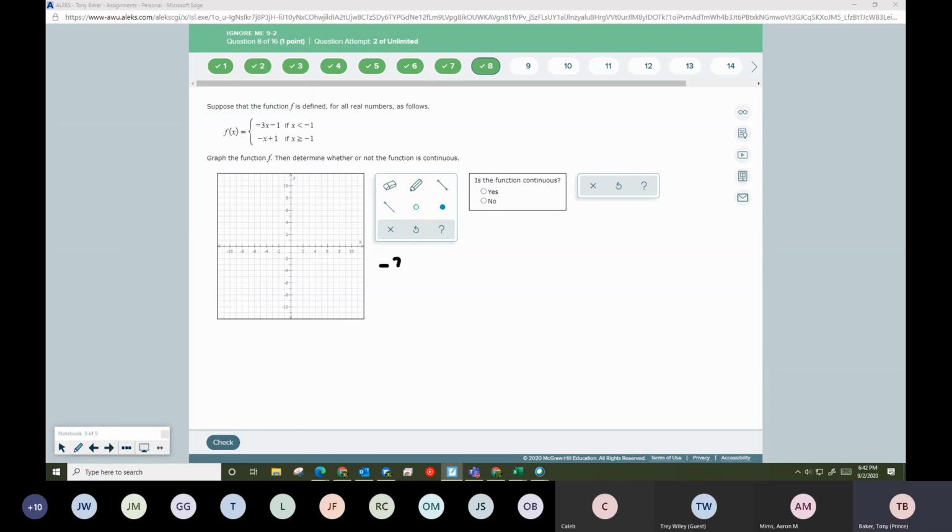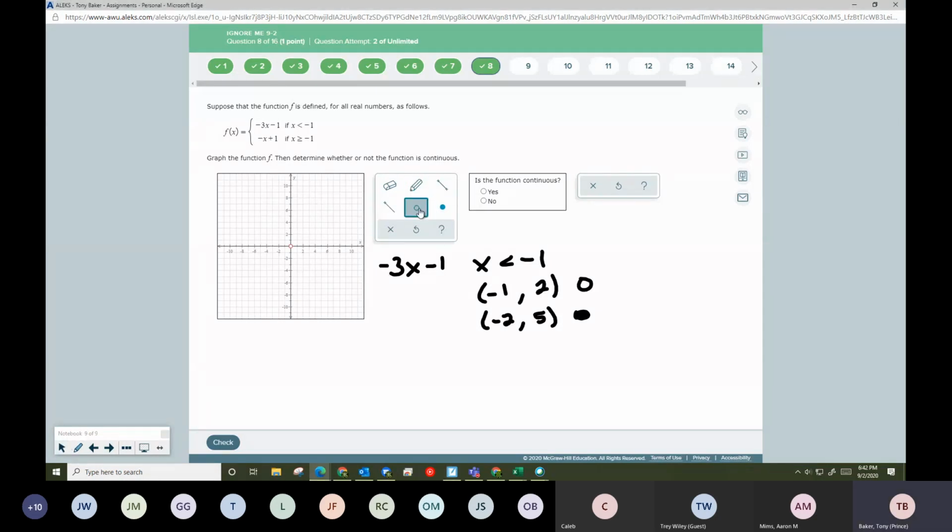All right, so we've got negative 3x minus 1, and x is less than negative 1. So I'm going to use negative 1. I plug that in, and I get 2 as my answer, and that's going to be an open dot. Then I'm going to plug in, let's do negative 2. Negative 3 times negative 2 is 6, minus 1, so that's 5, and that's going to be a closed dot.